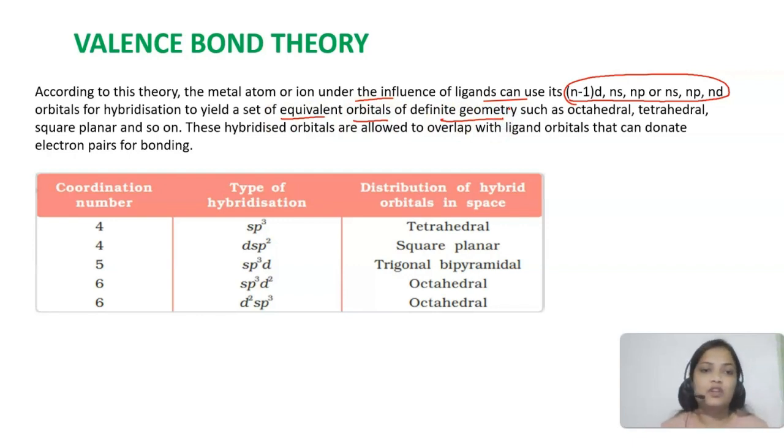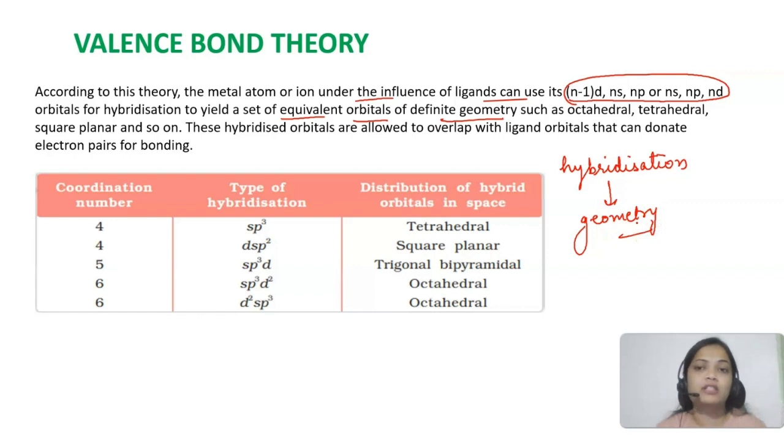So we know that if there is a particular type of hybridization, there would be a particular geometry. If we know the hybridization of our coordination compound, we can know its geometry as well, that is, how the hybrid orbitals are distributed in space. From the geometry we will know the structure of the coordination compound.